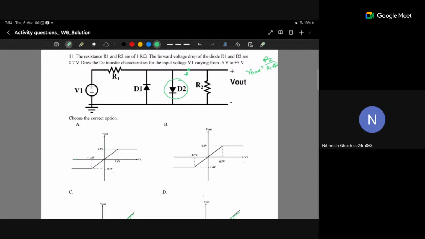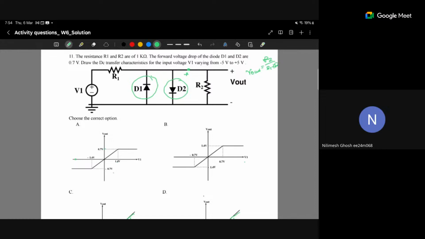And in the negative part, the same thing will happen. This diode will not allow the voltage to go below negative 0.7 volt, right? Yes, sir. Okay. Now, beyond 0.7 volt we know what happens, but in between you have to analyze.